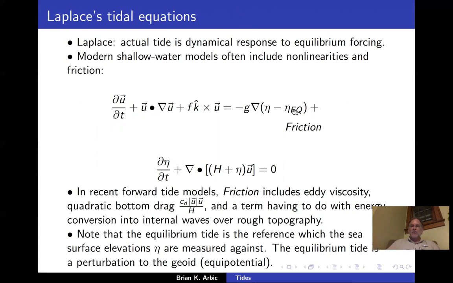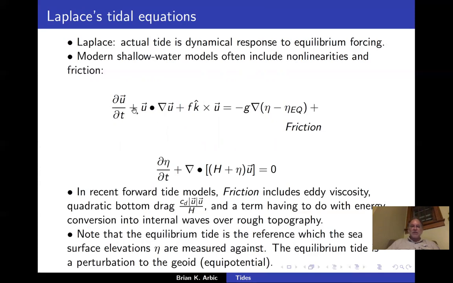He also came up with the Laplace tidal equations. Modern shallow water models basically use a version of Laplace's tidal equations that looks something like this. So d/dt, that's the partial derivative with respect to time of the velocity.